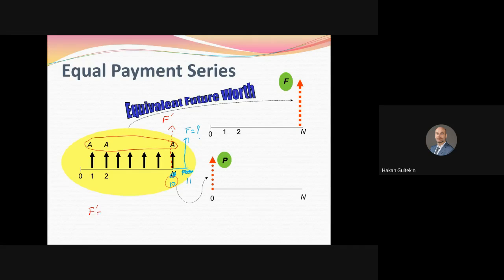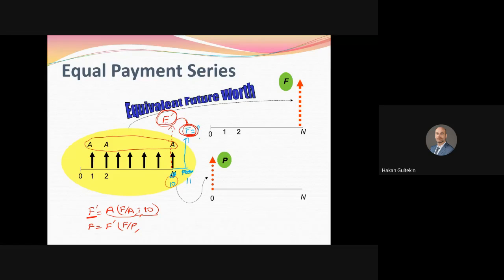This F prime will be equal to this A, then what's given? F given A, interest rate, and number of periods, which is 10. So this F prime is equal to this one. Now, what do I want to do? I want to find the future value for one period later of this F prime. So this F will be equal to F prime times F given P. With respect to this F prime, it is an older transaction.